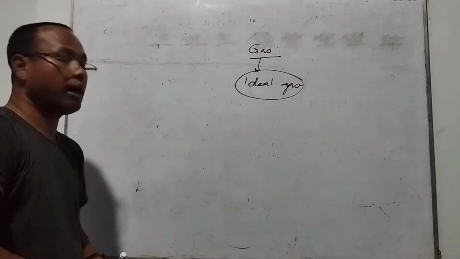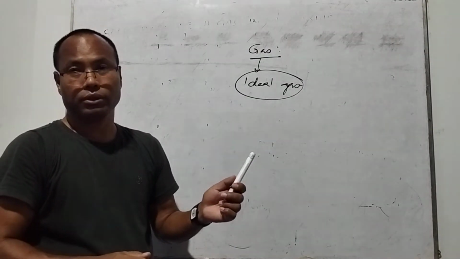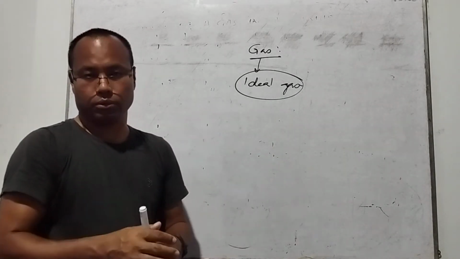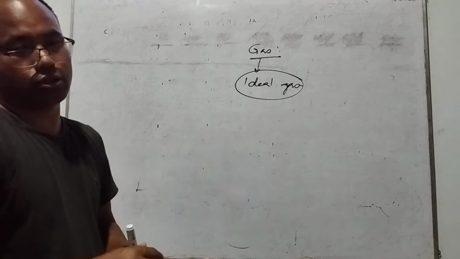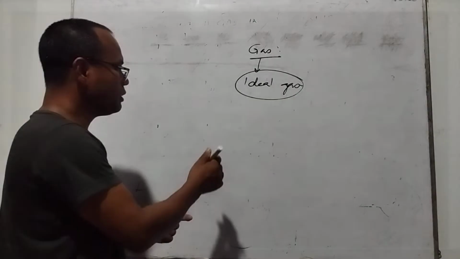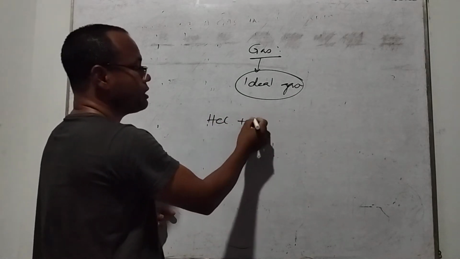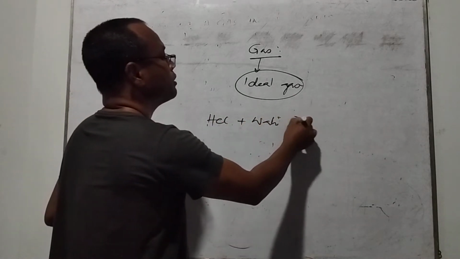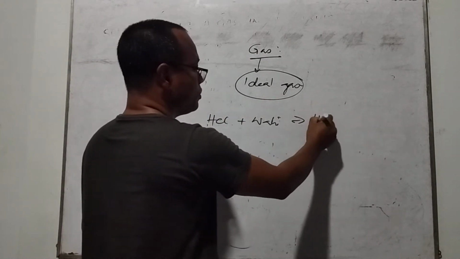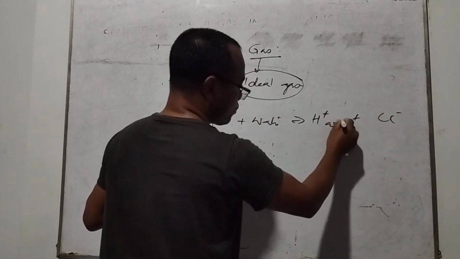Number one, it should not interact, that means no reaction. Say for example, HCl. When we dissolve HCl into water, it dissociates into ions. That means it is associated with the water.